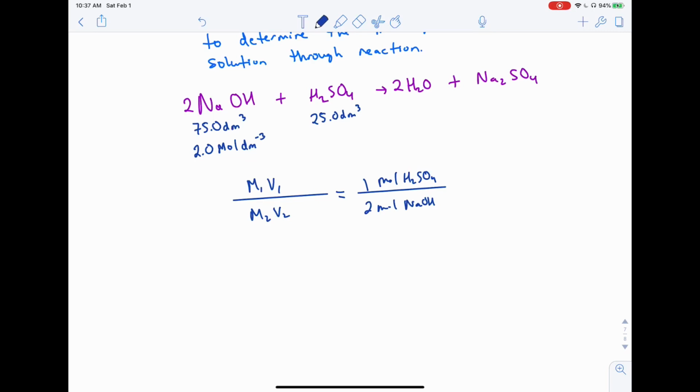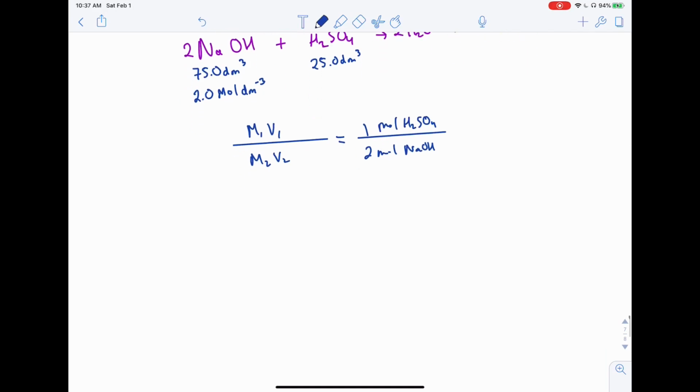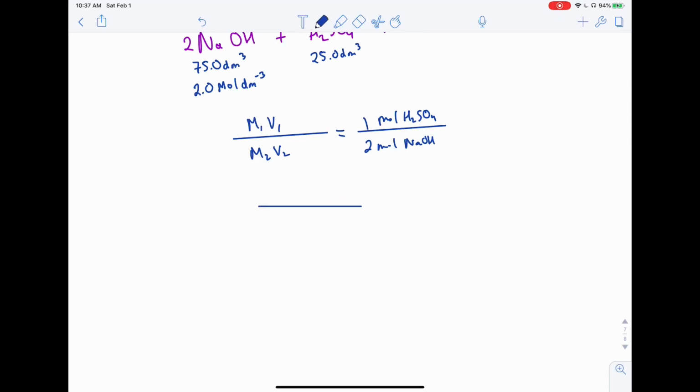Oh, sorry, I have it backwards. The molarity of this and the volume of this must equal the molarity of this and the volume of this in that ratio. That's where the super equation originated. I'm like, oh, but really, this works for everything because as long as I solve for moles here, it'll work. And so you'd plug this in and you'd say 2 times 75 over x times 25 is equal to 1 over 2.